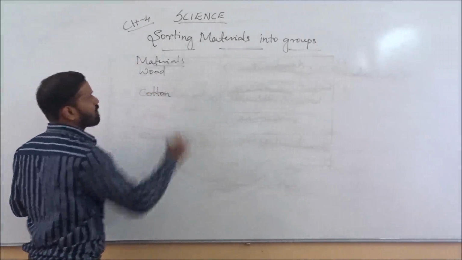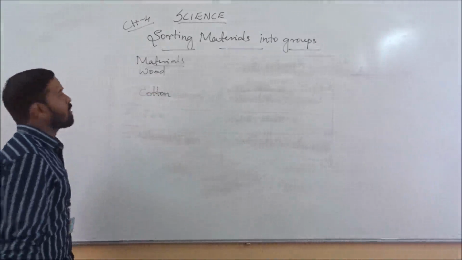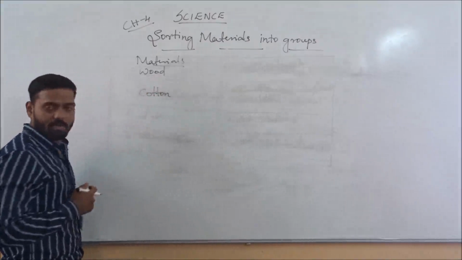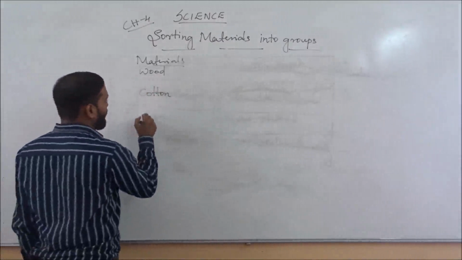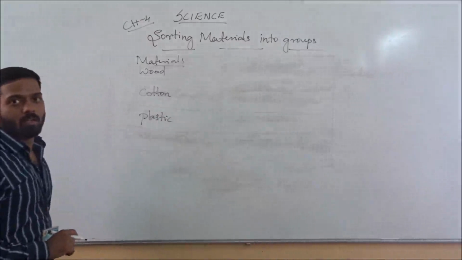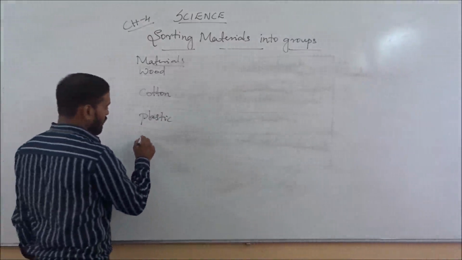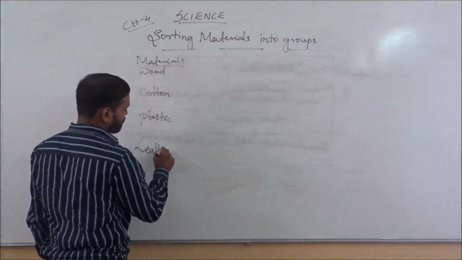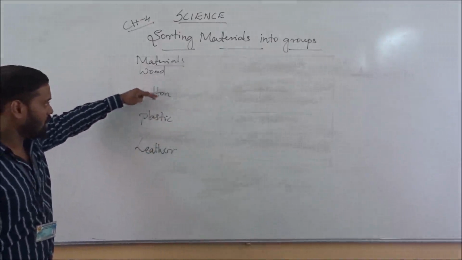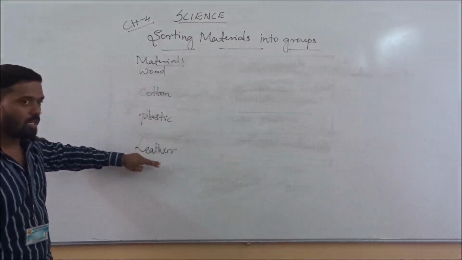Wood is a material, cotton is a material. Then you can take plastic. Plastic is a material. Then leather is a material. So I have taken 4 materials: wood, cotton, plastic, leather.